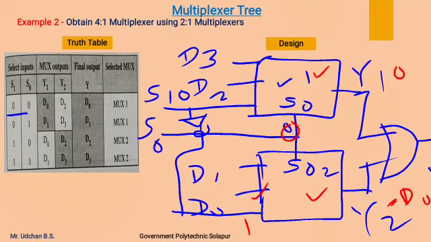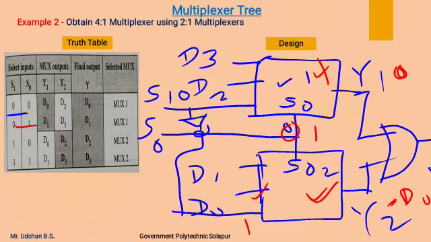Again, for the second condition, S1 is 0 and S0 is 1. As S0 is now 1 and S1 is 0, again this multiplexer is disabled. We will get Y1 as 0, and as S1 is 0, this multiplexer is enabled.